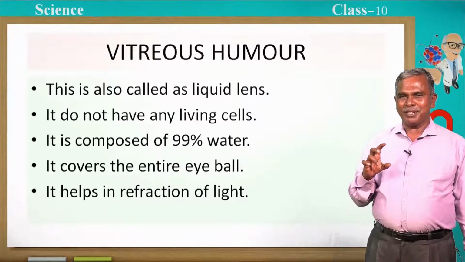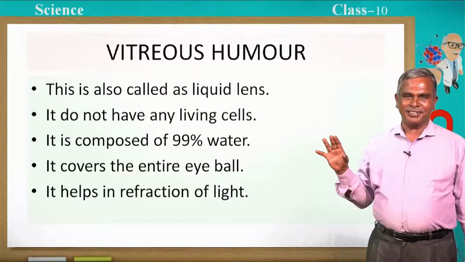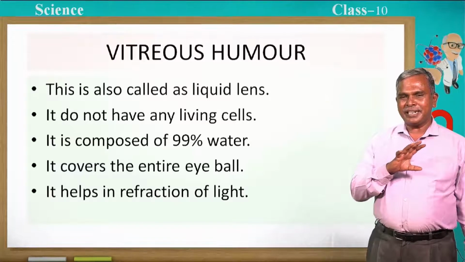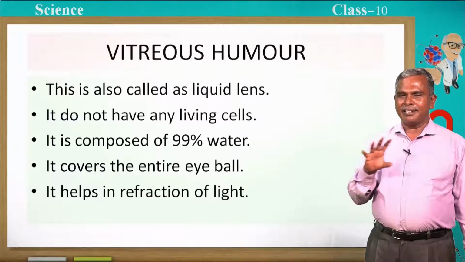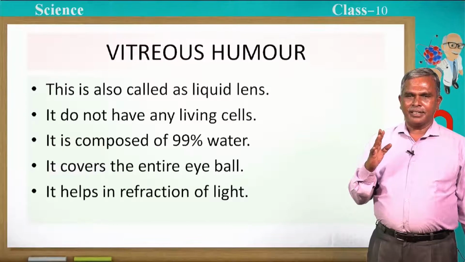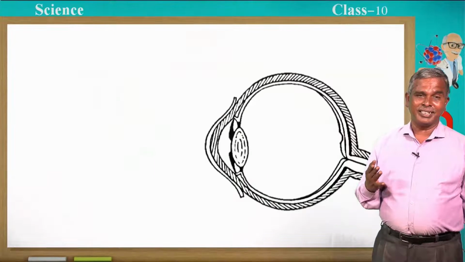This vitreous humor is normally made up of 99% water. There are no living cells, and it almost covers the entire eyeball, and it always helps in the refraction of the light. So, that is why the vitreous humor is also called the liquid lens of the human eye.